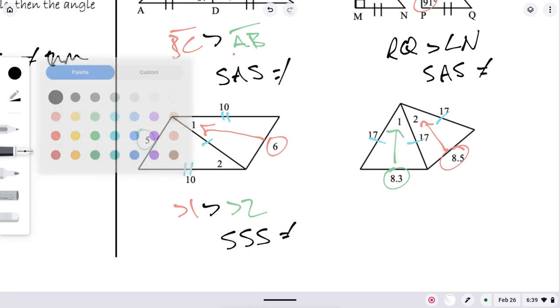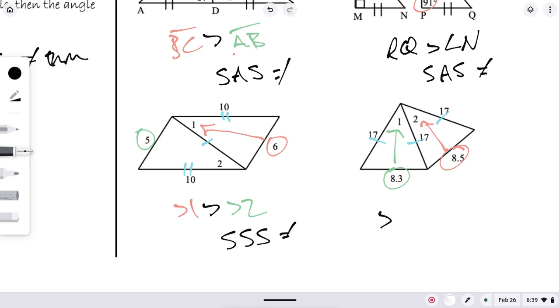So I know in this situation that angle 2 is bigger than angle 1, and this again, sides first, is a side inequality. So sometimes visuals help. I'll let you see that in class, but hopefully you catch on to the idea pretty easily.